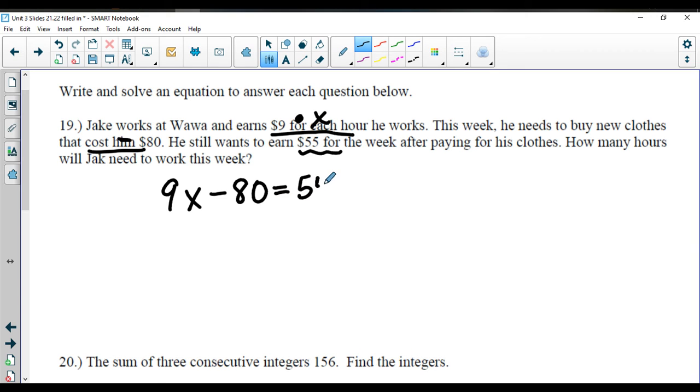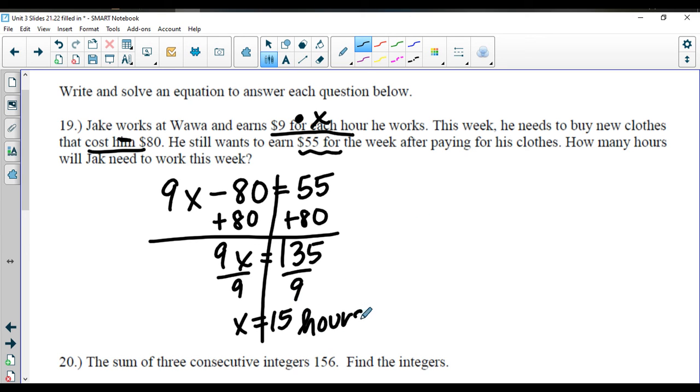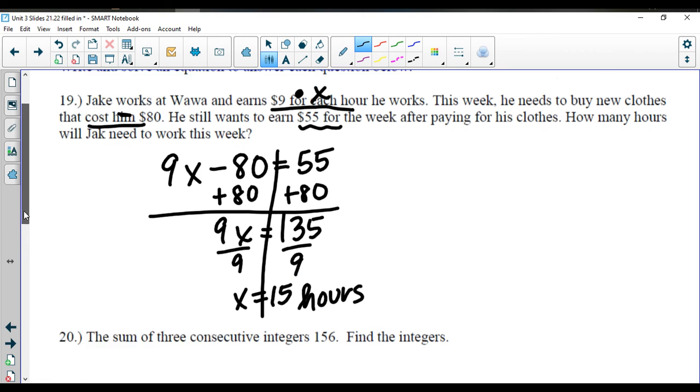And after he's done with that, he's still looking to make $55. So we're going to go ahead and add 80 to both sides. And that'll give us 9x is equal to 55 plus 80 will be 135. Divide through by 9. And that's going to give us x equals 15. So we would say 15 hours Jake would need to work.